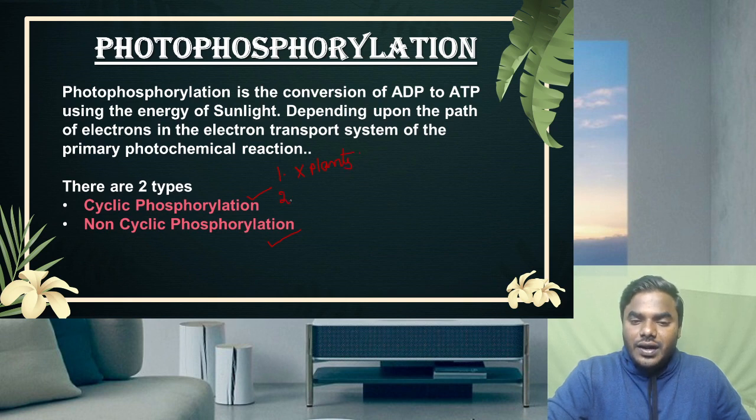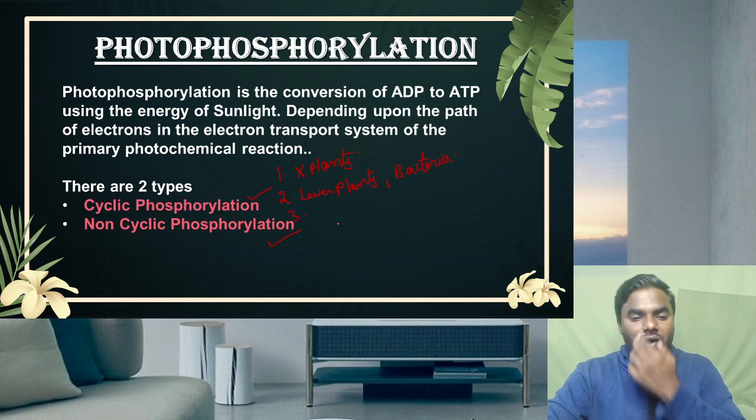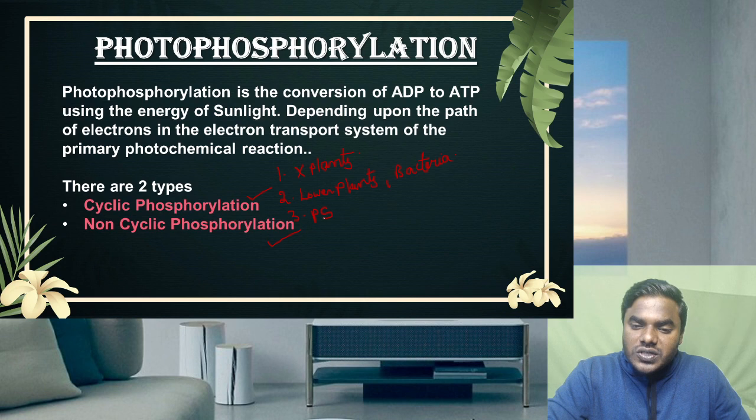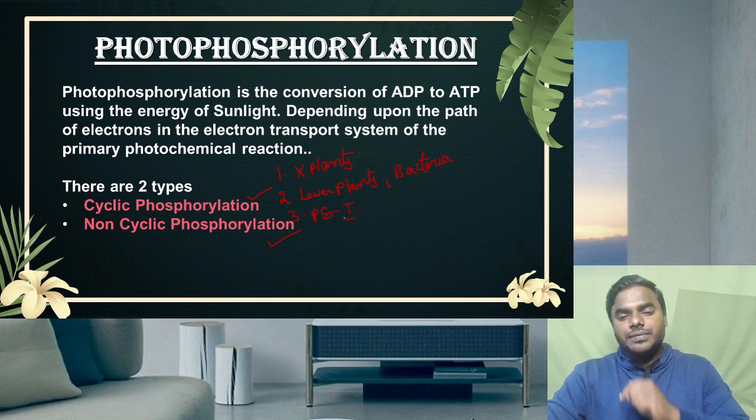Then where does it occur? It occurs in the lower plants like algae, and in certain bacteria also. And once again, a very unique point which is often asked in the exam: how many photosystems are involved here? In cyclic photophosphorylation, only one photosystem is involved, that is photosystem 1.